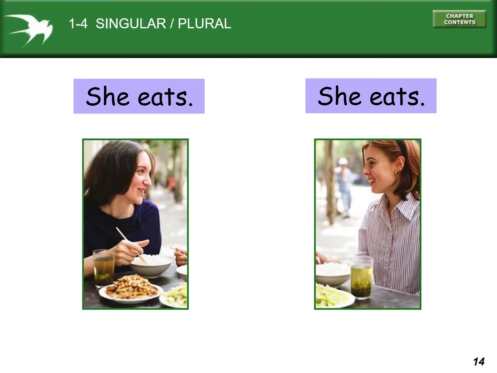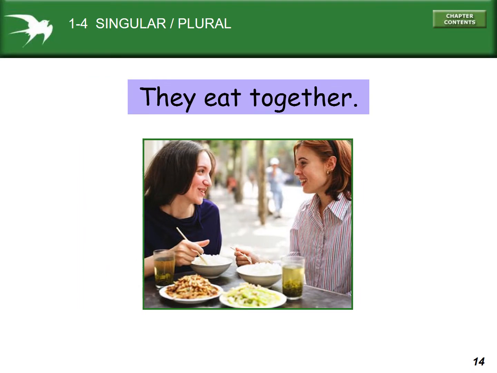Now, singular and plural as it pertains to the simple present. She eats and she eats. They eat together. When this verb had the subject she, we saw that it had the S at the end. But when it becomes the two of them together and it's they, we eliminate that S. Remember that we only add S to simple present verbs for the subjects he, she, or it.